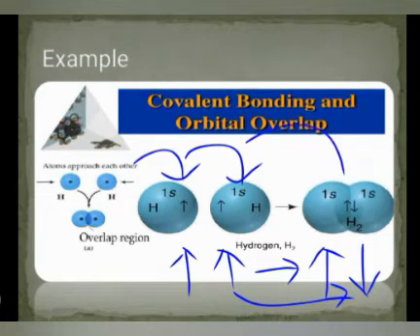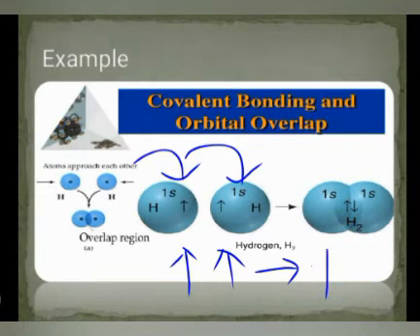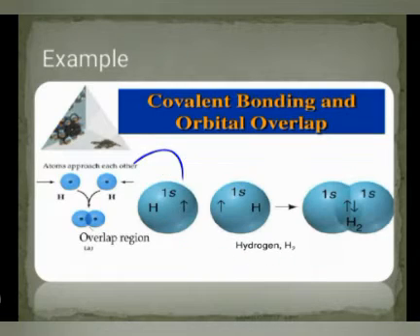That's why H becomes H2. Hope you understood. Once 1s overlaps with 1s, it becomes 1s2. Two electrons are there. So this is the basic chemistry of how two elements react.